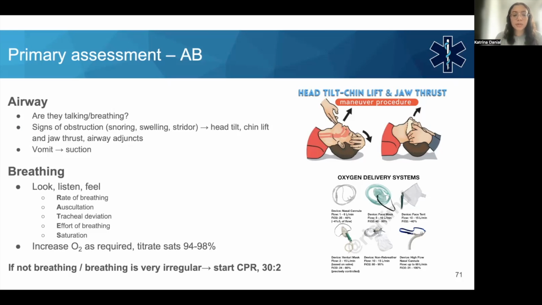Okay, to help them with their breathing, you can use all sorts of oxygen and delivery devices, and MECCSIG has a really good fact sheet on this as well that was posted last year, and you want to aim for SATs between 94 and 98. Okay, if the patient is not breathing or their breathing is very irregular, at that point you start CPR, 30 compressions to 2 breaths.